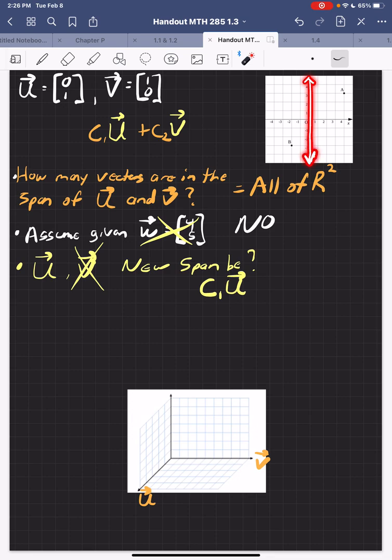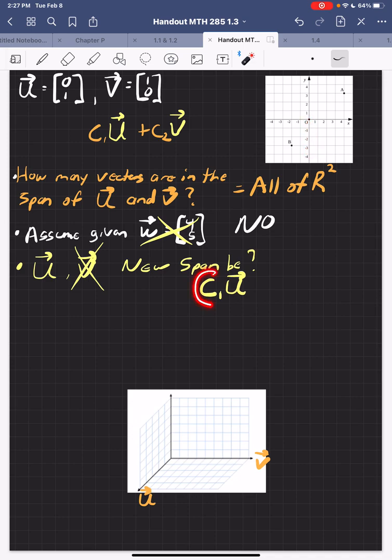Stay with me. Let's assume that you chose 1 for c sub 1. Well, you would be able to reach this vector. What if you chose 2 for c sub 1? Well, you would be able to reach this vector. What if you chose -4? Well, you'd be able to reach here.